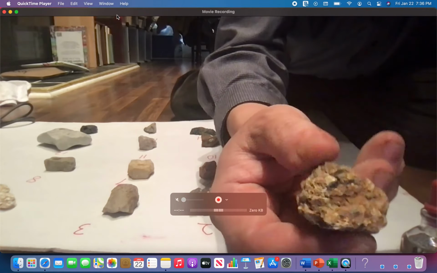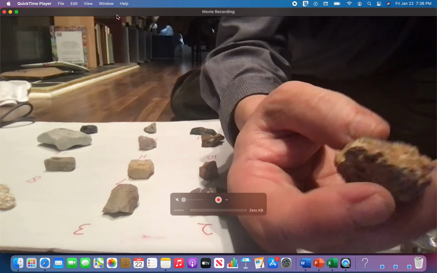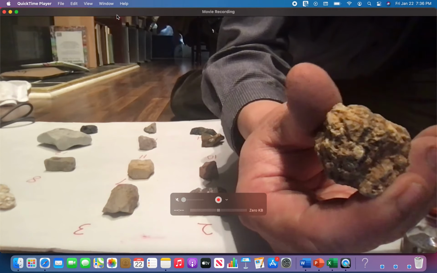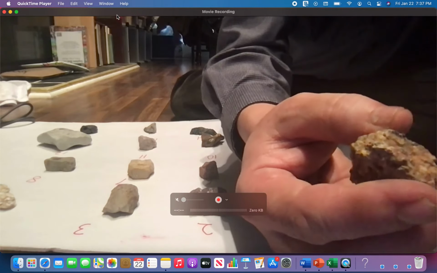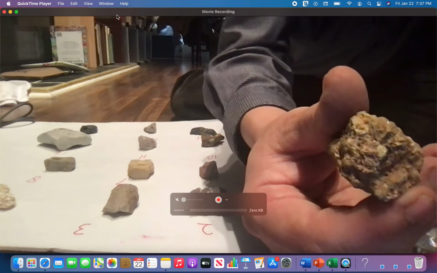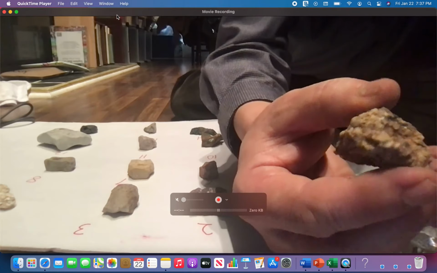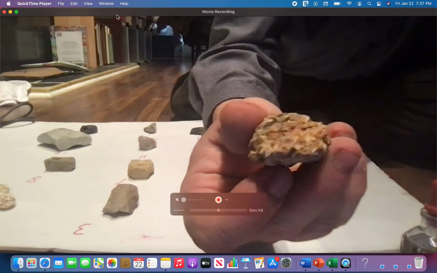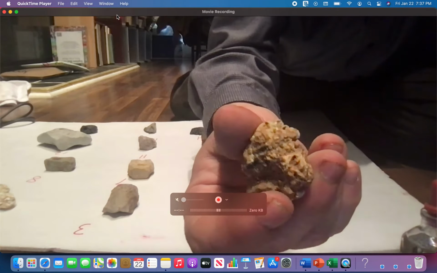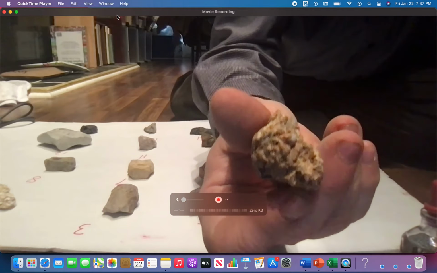Are the particles angular or are they rounded? Angular means jagged, and rounded means smoother.